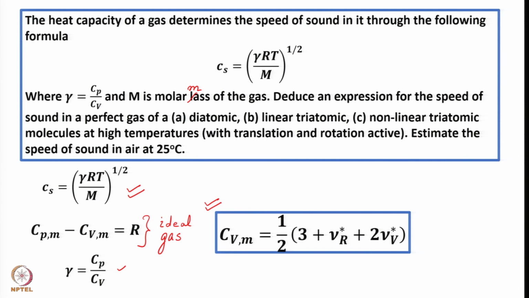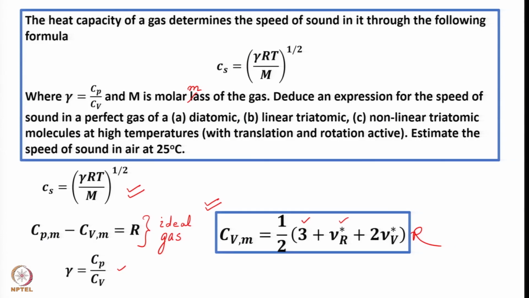For a gas, translational contribution is always there, and in 3 dimensions. That is why this 3 by 2 R contribution is always going to be there for a gas at room temperature. Then, as the temperature increases, the rotational contribution also comes in. So we have nu R star, and nu R star is equal to 2 for a linear molecule and 3 for non-linear molecules.